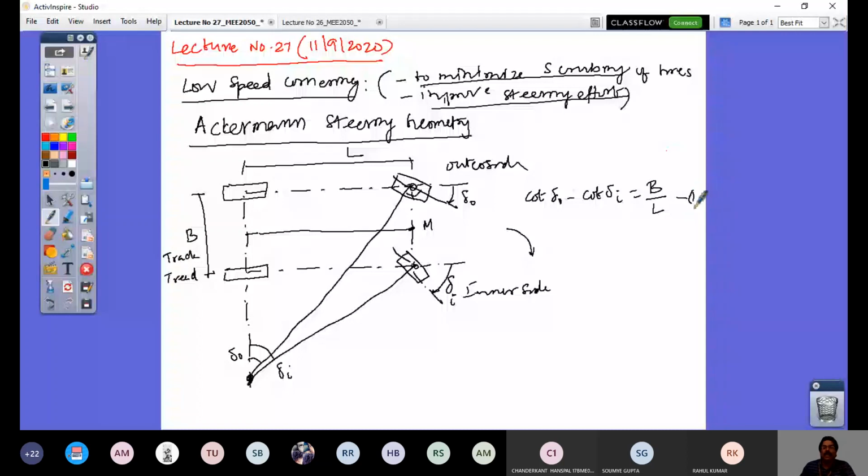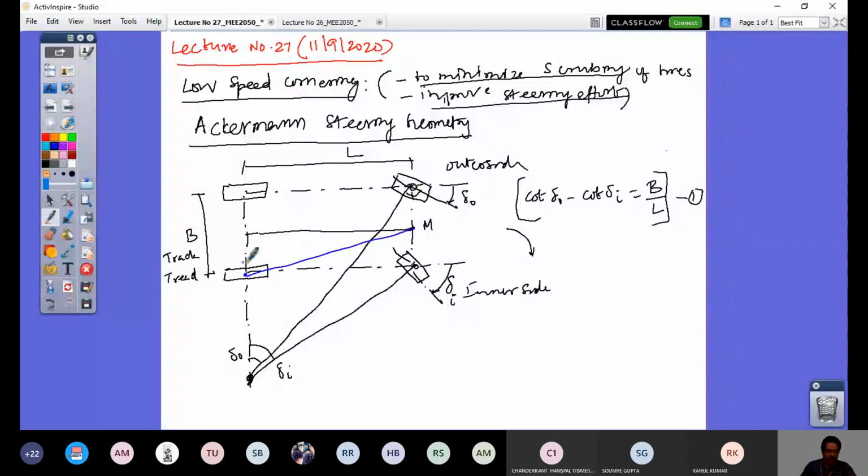For that purpose, let us now look at the midpoint of the front axle to be connected to the contact patch center of the rear inner wheel. So I'm going to connect this line. When it is joined, this is going to intersect the line produced from this point. Let us name them for convenience.